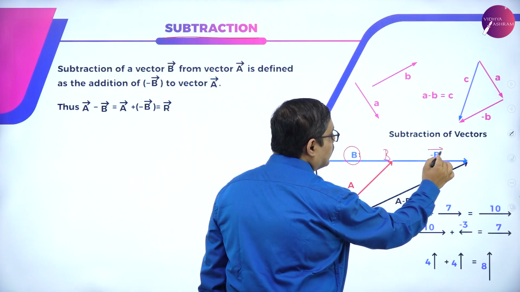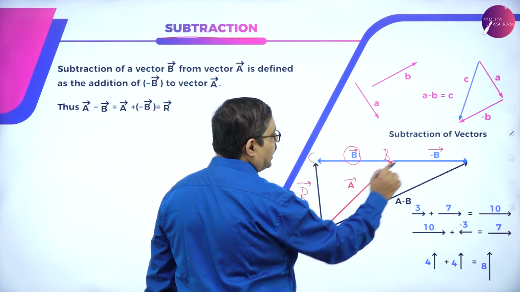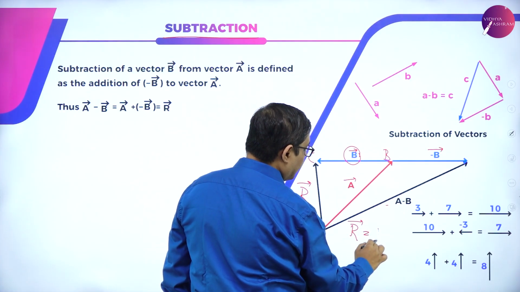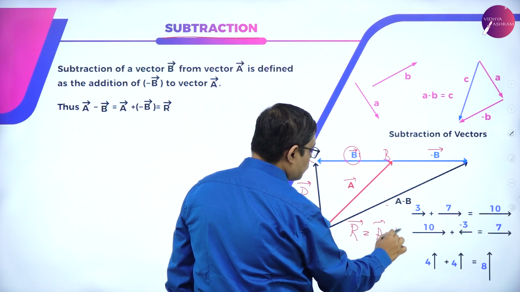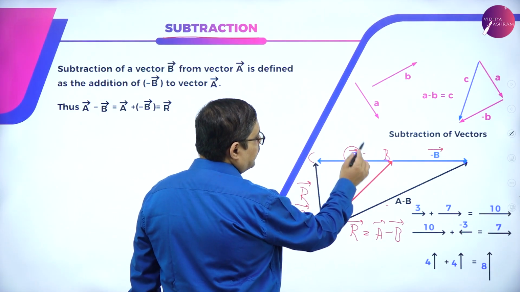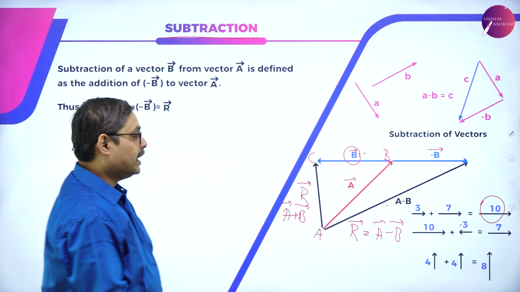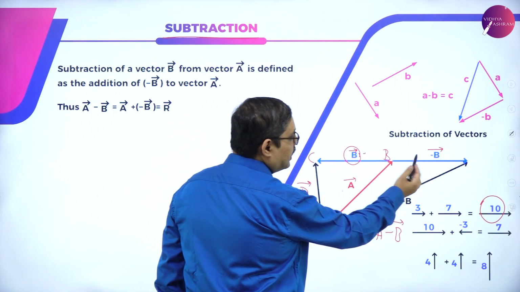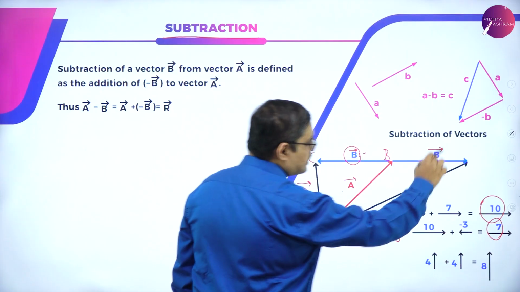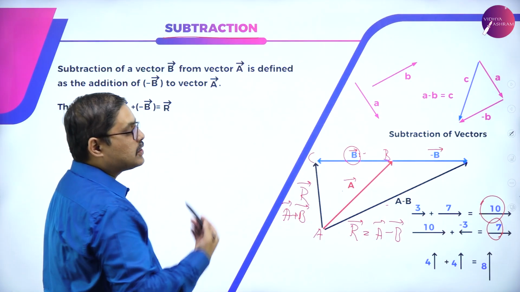So this becomes negative of vector B. When I add these two, A plus of minus B, the resultant will become vector A minus vector B. Suppose vector A is 3, vector B is 7, I get the answer as 10, A plus B. Suppose vector A is 10, B is 3 in the opposite direction, which is 10 minus 3, I will get 7. So I can do subtraction of vectors in this fashion.